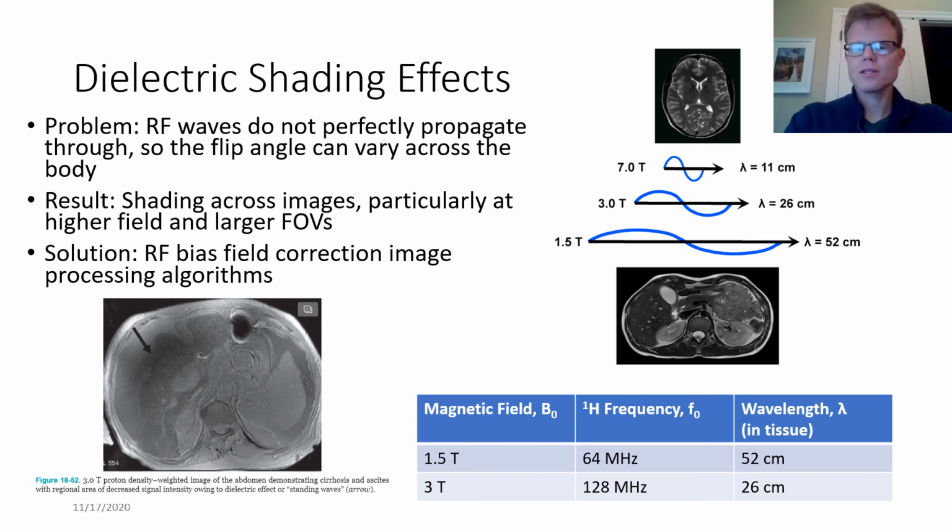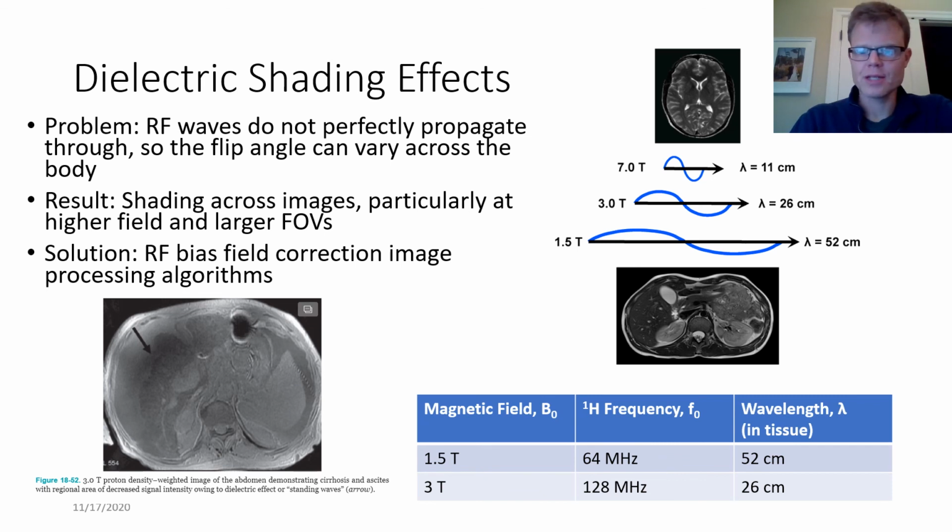That's illustrated in this wavelength slide I stole from chapter 2, where the wavelength of our radio frequency waves gets shorter as we go to higher and higher magnetic field. And as this becomes shorter, we become more susceptible to this dielectric shading effect. It's called dielectric shading because it's the dielectric constant that determines how RF propagates through the tissue.